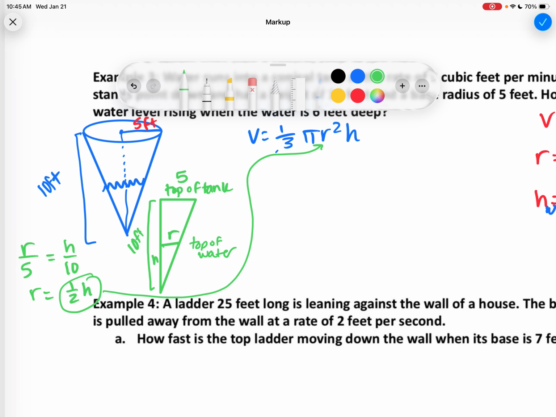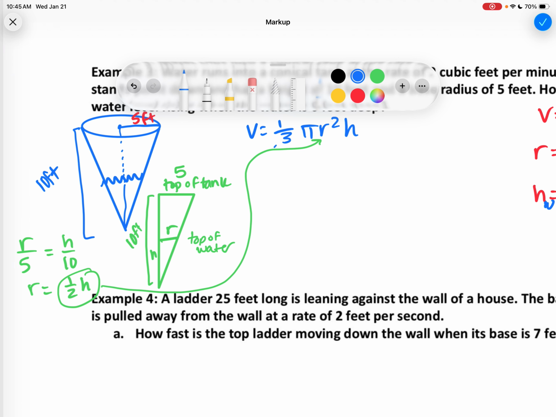So my formula now is V equals 1/3 pi times (1/2 h) squared times h. So that ends up being basically 1/12 pi h cubed. Now I can take the derivative.